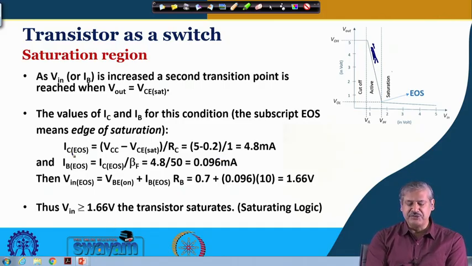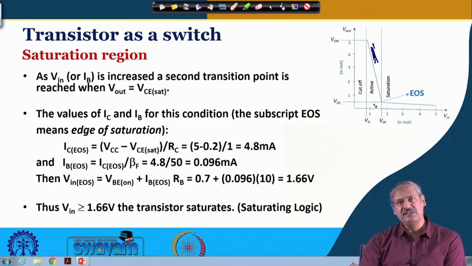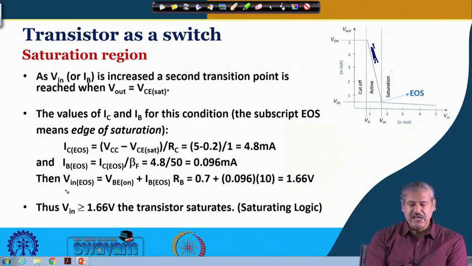So, this is edge of saturation IC. Edge of saturation IB is this IC edge of saturation divided by beta, because it is still in active region, just entering the saturation region. So, 4.8 divided by the beta forward gives 0.096 milliampere, simple calculation. At that time what is the V in?